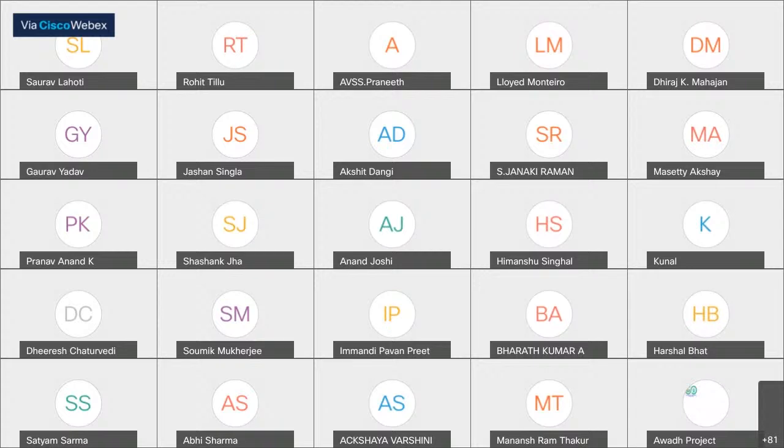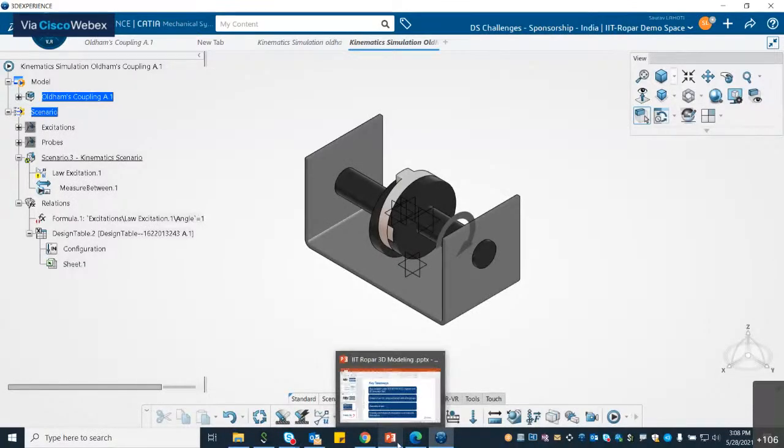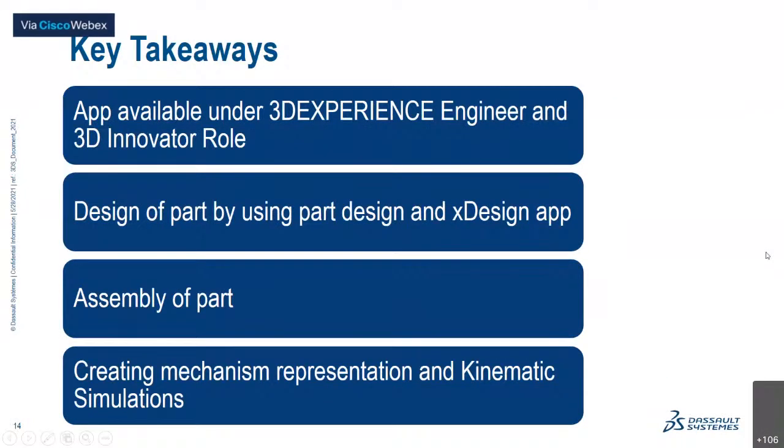So from this session, I would like to end my session with the key takeaways from the presentation. The key takeaways are the available experience engineer and 3D innovator roles, how to use those apps, which key commands are available in the apps or roles, the design of parts by using Part Design and xDesign apps, and the assembly of parts by using the 3D innovator role and also the Assembly Design app.